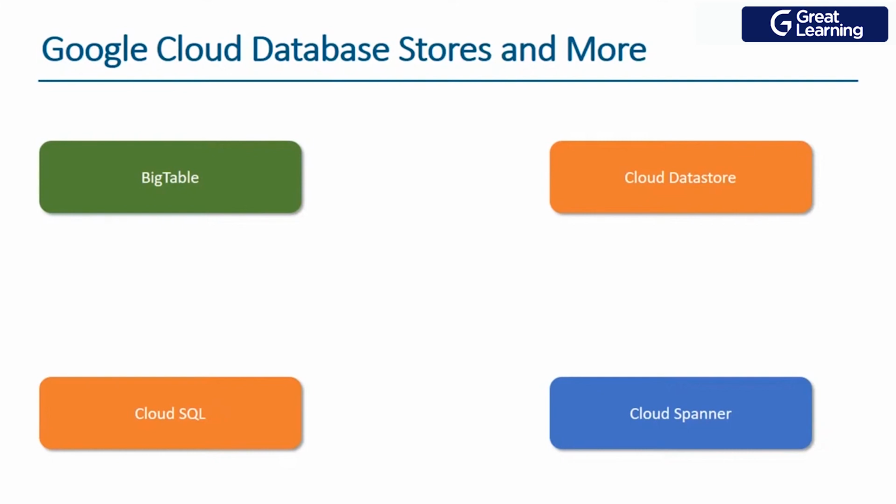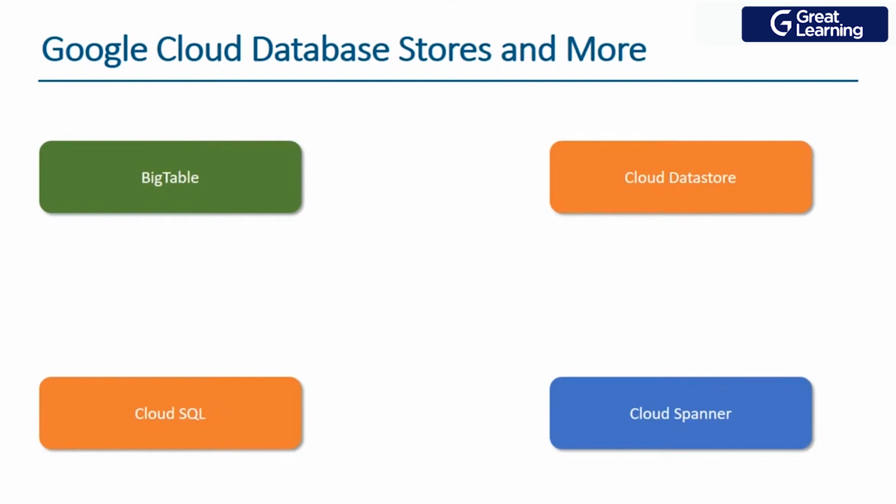You have your Cloud SQL, which is mostly used to deal with relational databases. Whatever relational database requirements you have can be handled by your Cloud SQL database. And then you have your Cloud Spanner, which lets you hold data, again SQL in nature, but it gives you more availability and more scalability when you compare it with Cloud SQL.